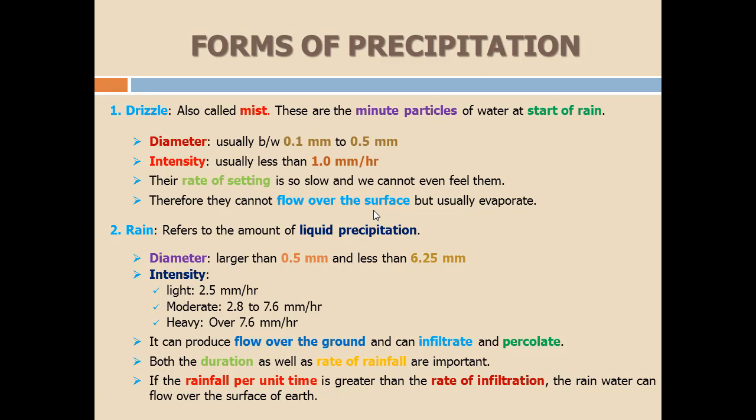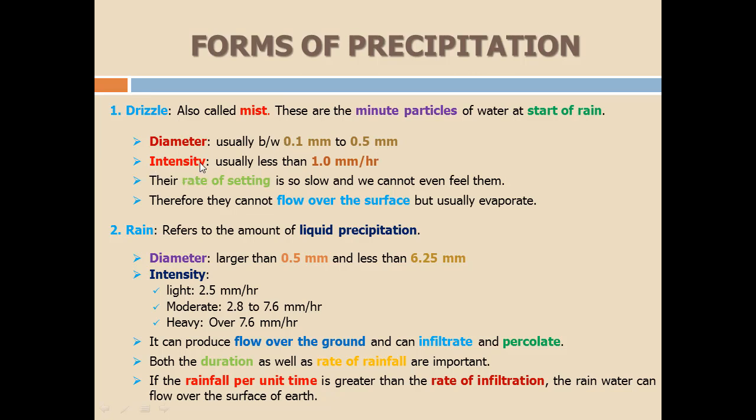These minute particles are known as drizzle or mist. The diameter of these particles is usually between 0.1 mm to 0.5 mm. If it increases beyond 0.5 mm, then it is called rain. But below 0.5 mm, it is known as drizzle.